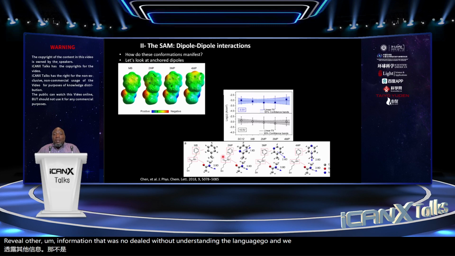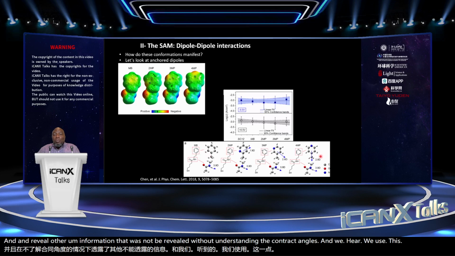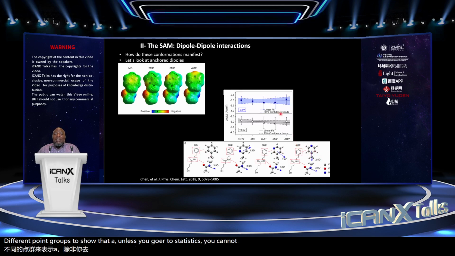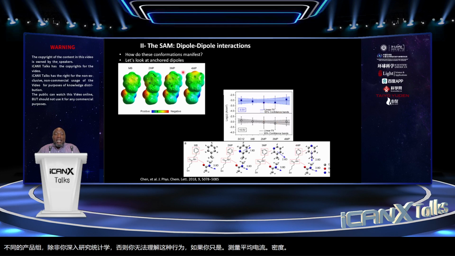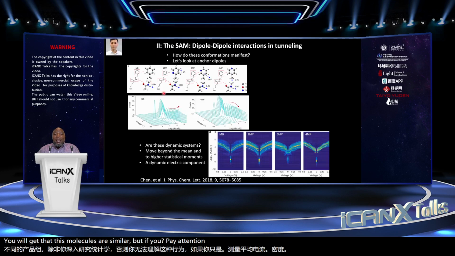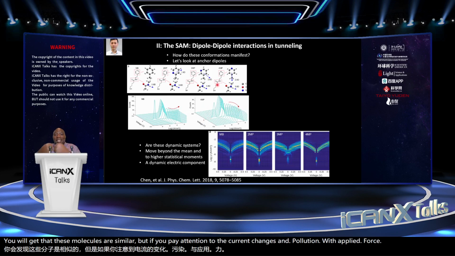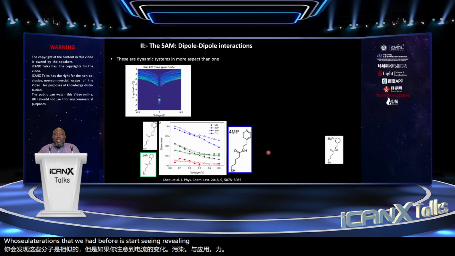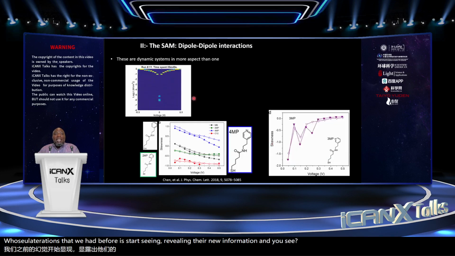And here we use these different product groups to show that actually, unless you go deeper into statistics, you cannot understand this behavior. If you just measure average current density, you will get that these molecules are similar. But if you pay attention to the current changes and evolution with applied force, those similar interactions that we had before, you start revealing very new information, and you see the dynamic behavior.